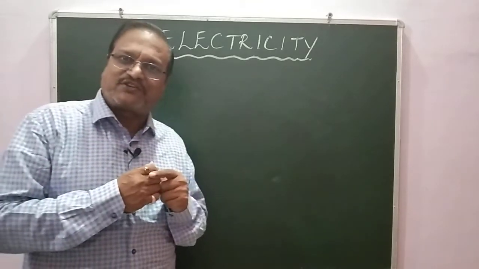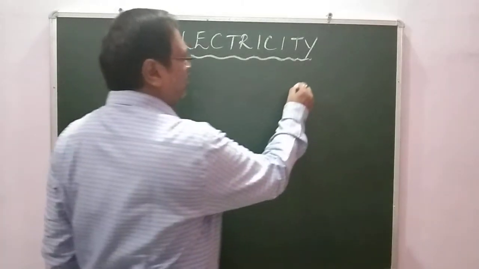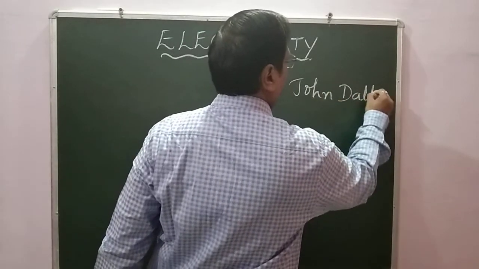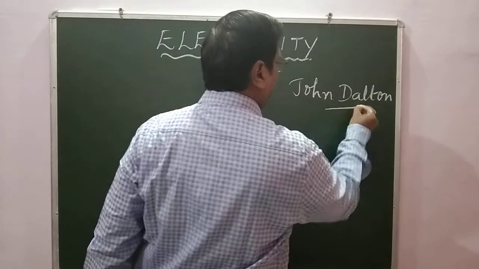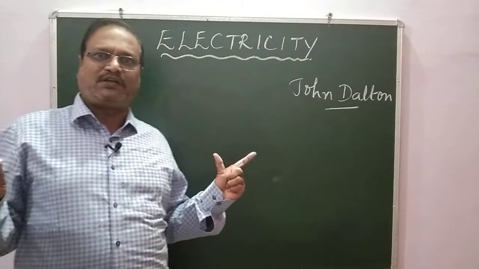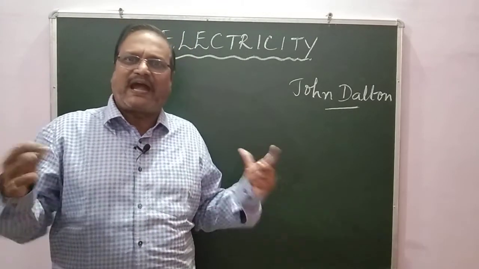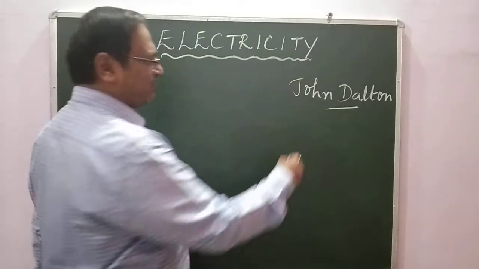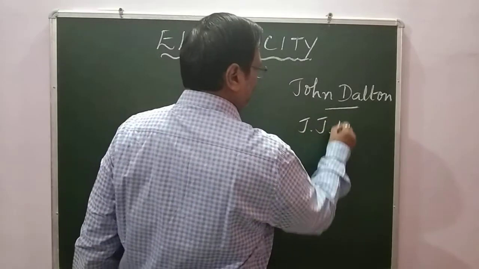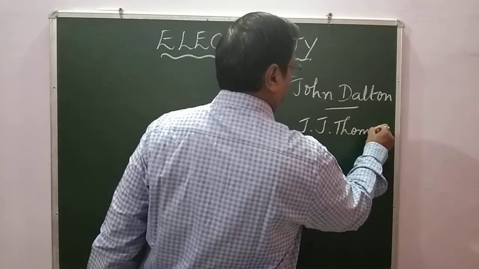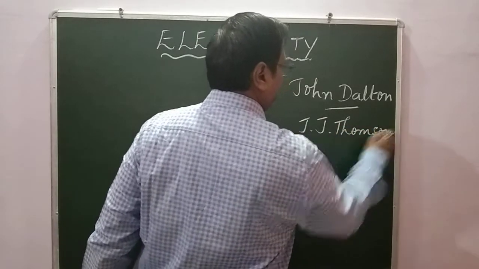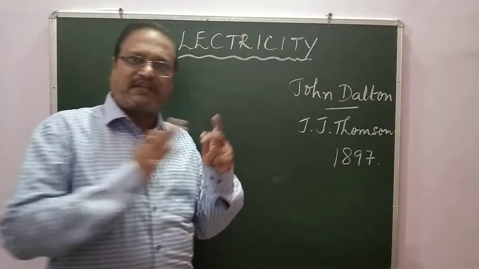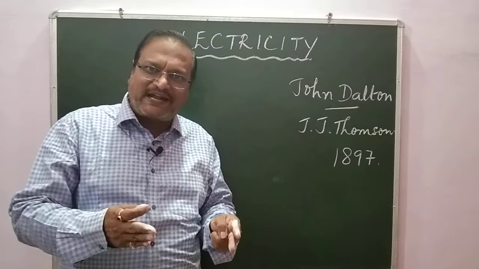There was a scientist by name John Dalton. He said that atom is not breakable. You can't break the atom. But it was J.J. Thomson who, in 1897, could break the atom.